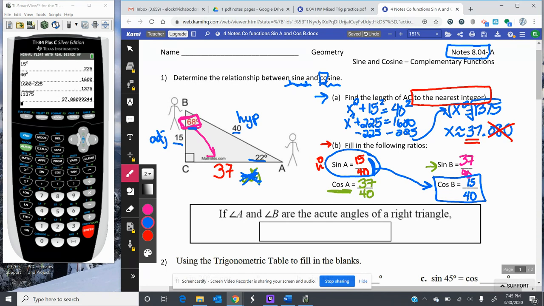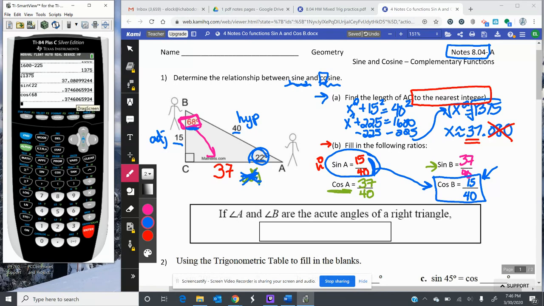And I'm also going to look at those decimal equivalents. So sine from angle A, which is 22, sine of 22 equals 0.3746. Cosine from B also is going to equal 0.3746. So cosine of angle B, which is 68 degrees, gives you the same decimal equivalent.